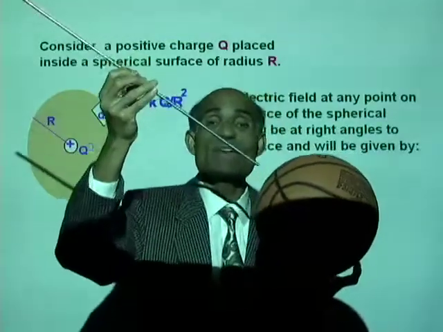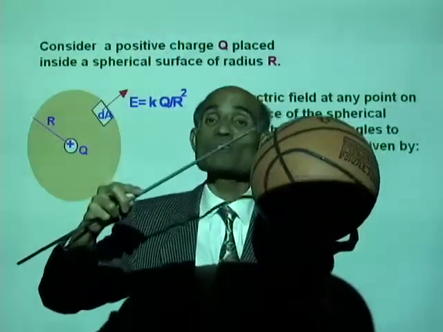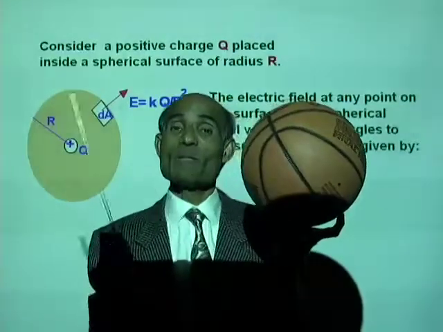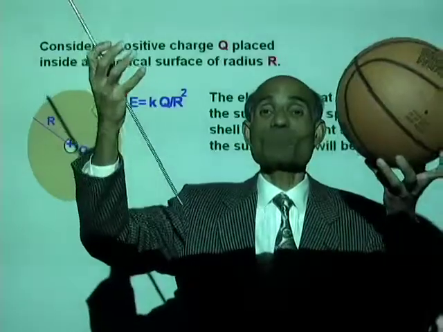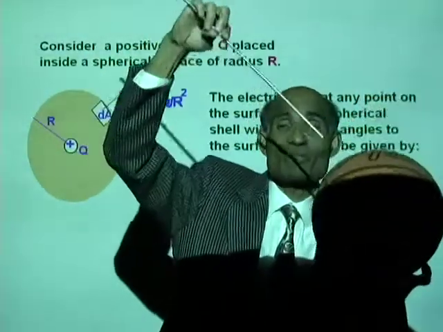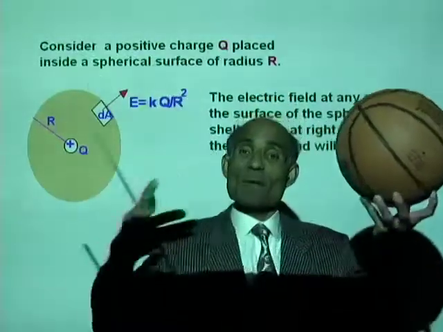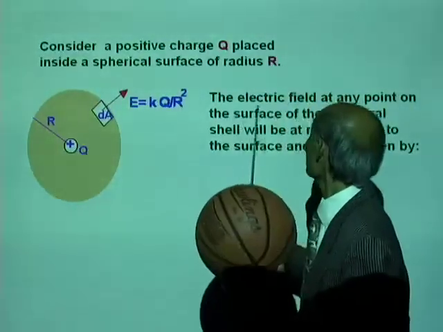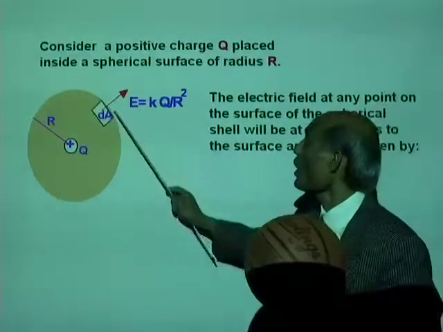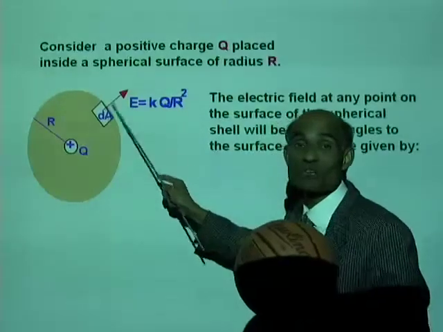And if you draw any radius, that radius will always be at right angles to the surface of the sphere. That means the field lines will all be coming out of the sphere at right angles. Can you imagine all those thousands of field lines coming up at right angles to the surface? The electric field at any point on the surface will be at right angles to that surface.